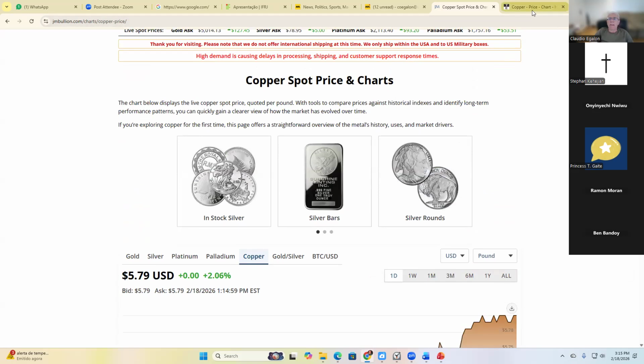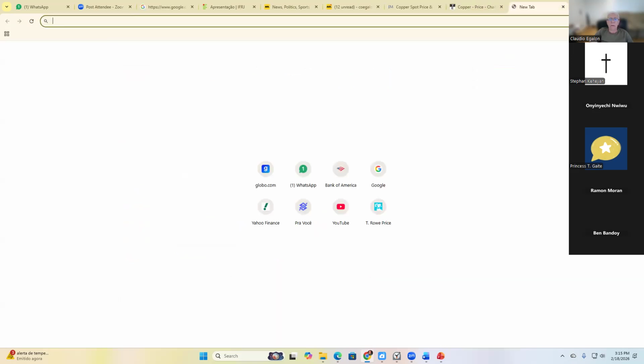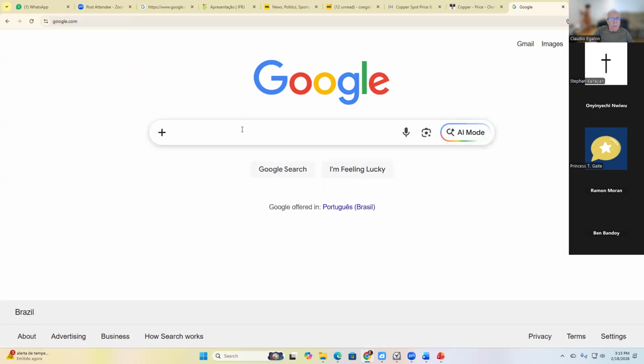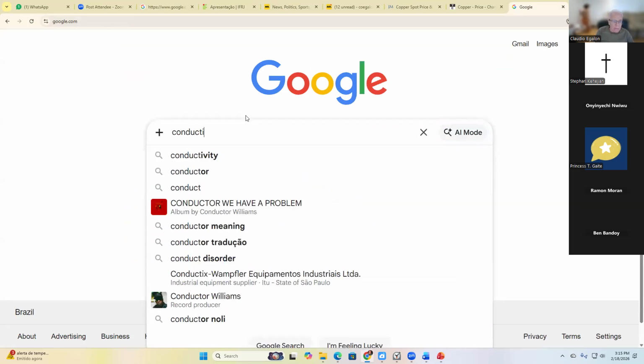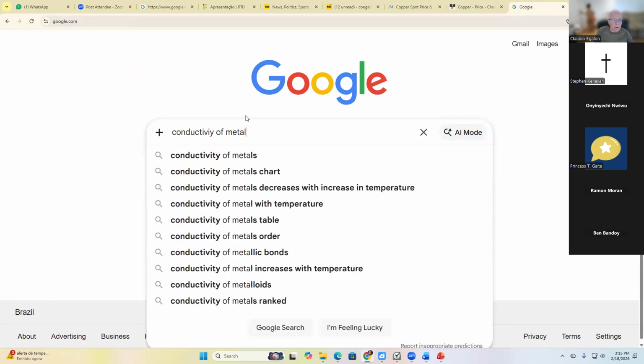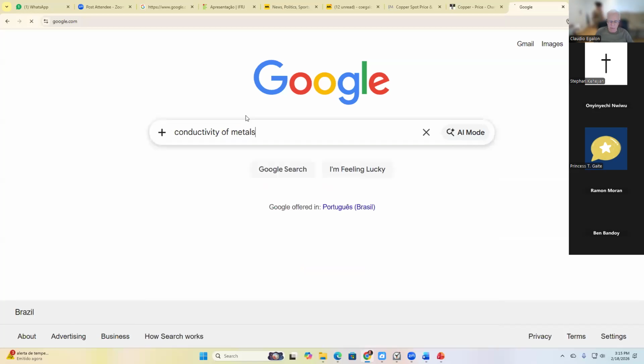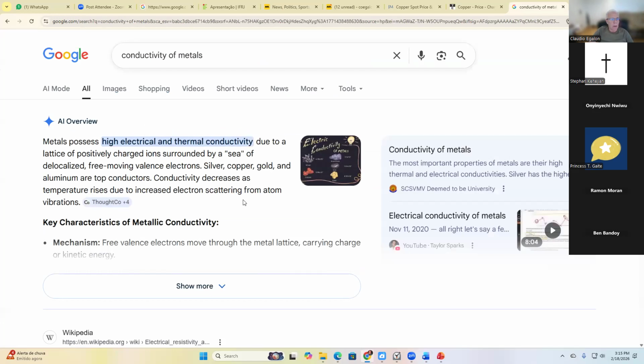And let's take a look at the physics of those metals, right? I want you also to understand their conductive properties. There is a way to quantify how well conductive those metals are, how good of conductors they are. Conductivity of metals. This is actual physics. Metals possess high electrical and thermal conductivity, right?